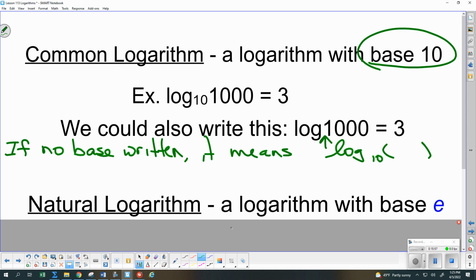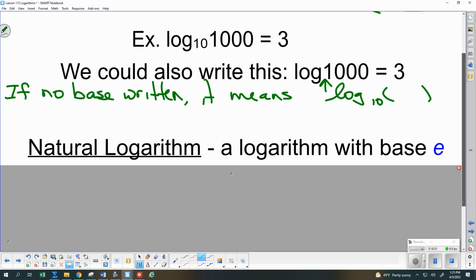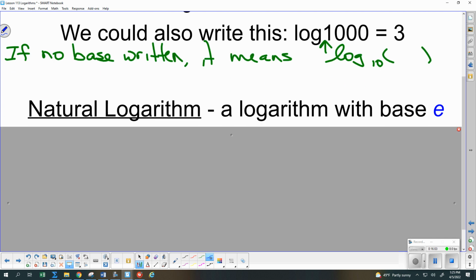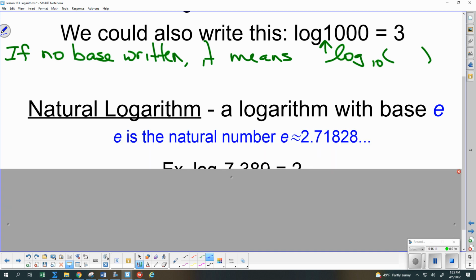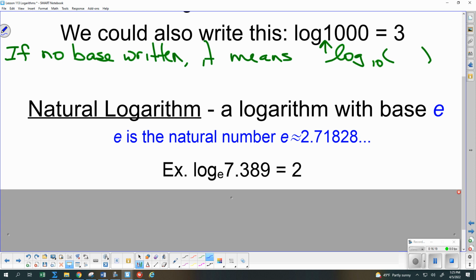So that would make sense. The other special log that we have is going to be base e. e is a number kind of like pi. Pi is a little bit more than 3. e is a little bit less than 3. Never repeats, never ends. And here's some of what it comes out to be if you punch it on the calculator, which we will do in just a moment, using the e to the x button on the calculator.